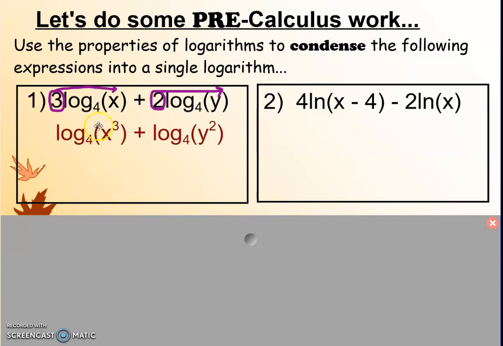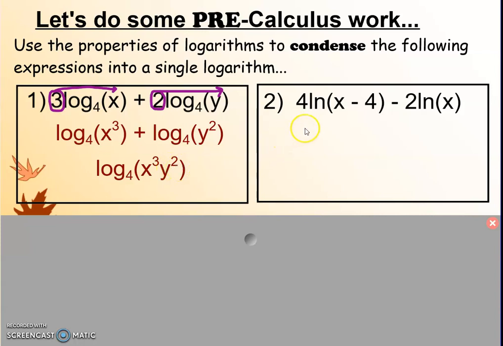And this becomes log base 4 of x to the third plus log base 4 of y to the second. And now you'll notice I'm adding two logarithms. When you add separate logarithms, this is the product property, I can take a logarithm of their product. So in a single logarithm, this becomes log base 4 of x cubed times y squared.